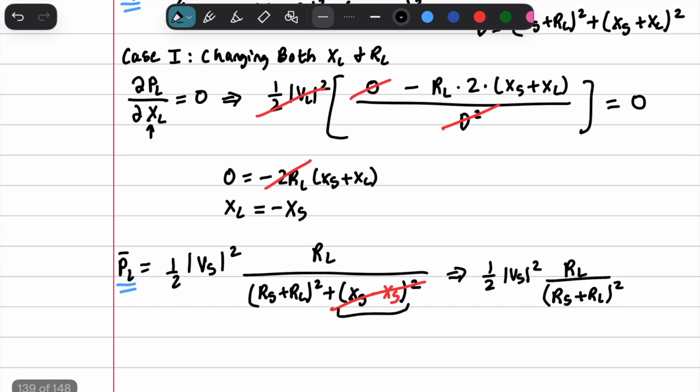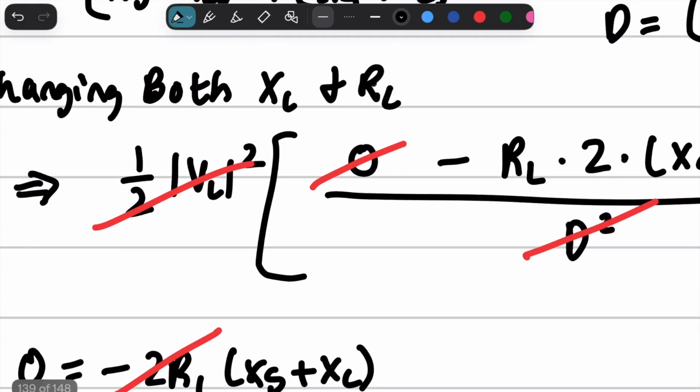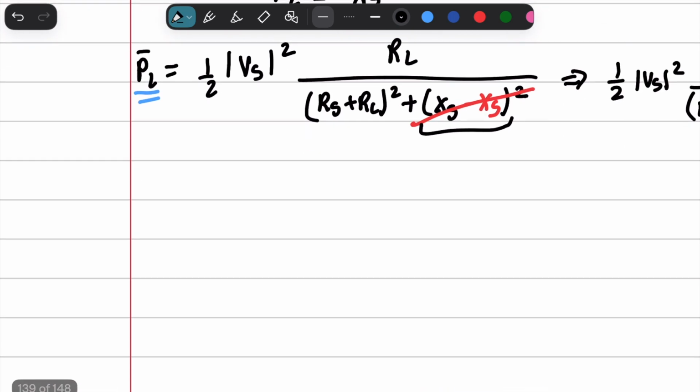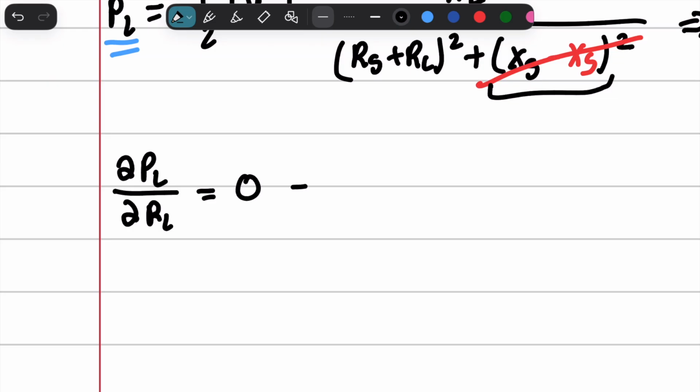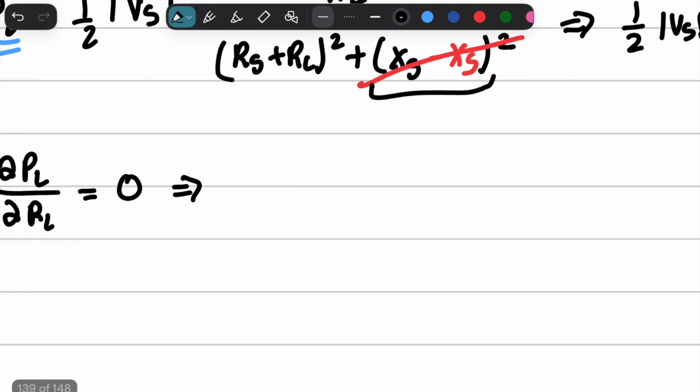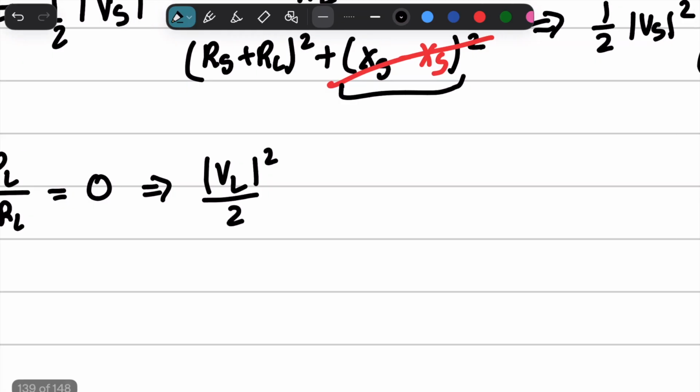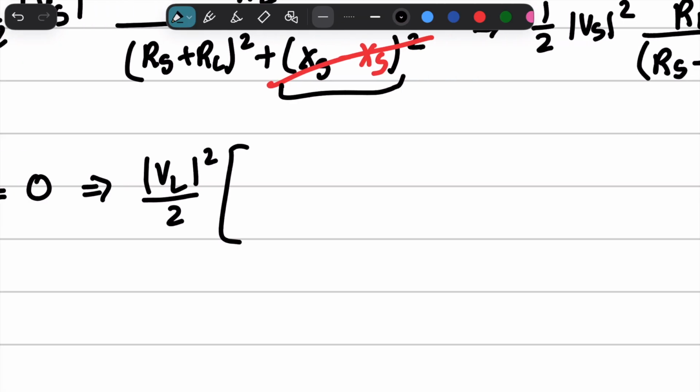Now we're not finished because we can also change RL, okay? So if we're going to also change RL, that means we're going to have to take the partial with respect to RL and set that equal to 0, okay? And so here, we're going to take those constants out, and we're going to apply the quotient rule.